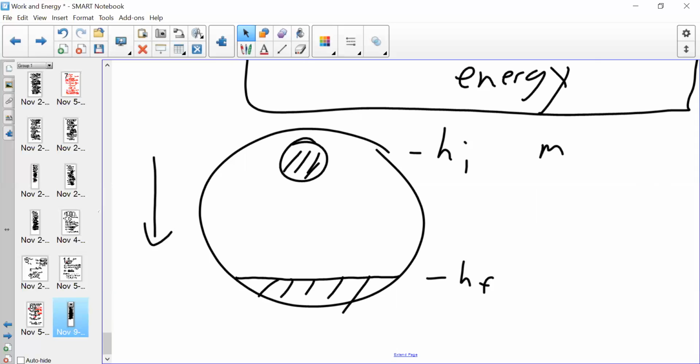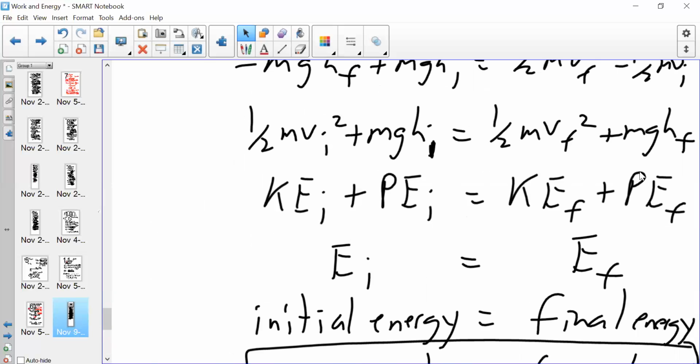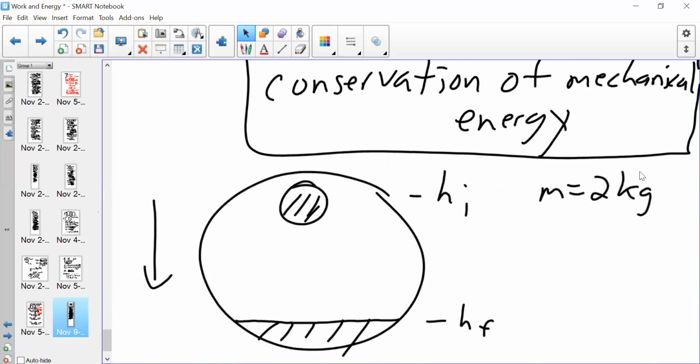Let's say the mass is 2 kilograms. Say the initial height is 10 meters. Let it fall.